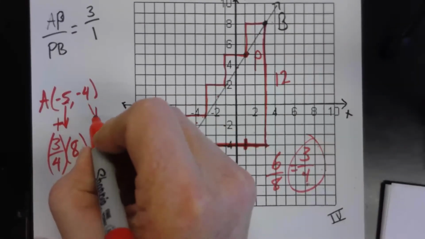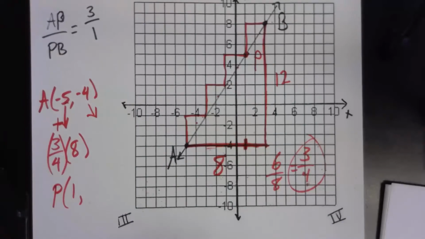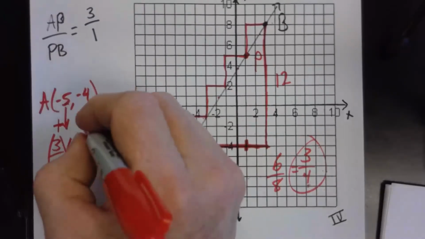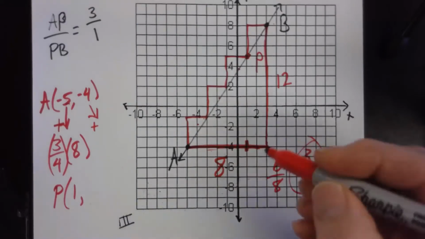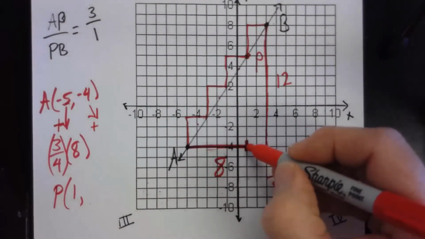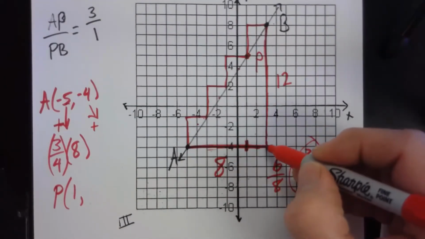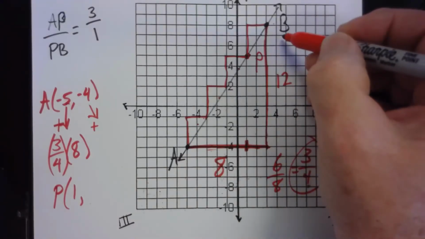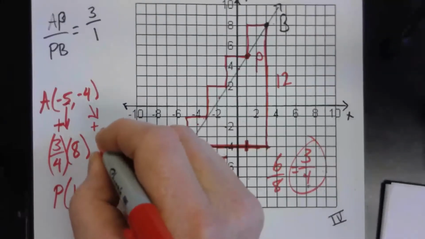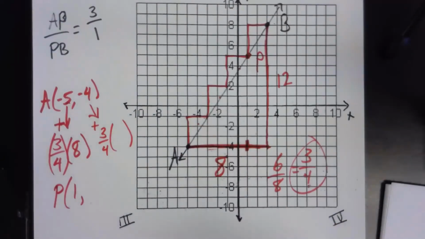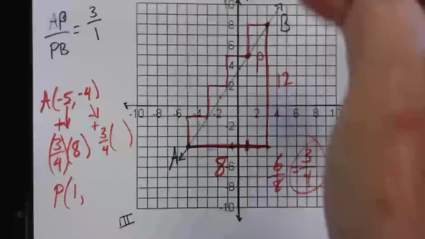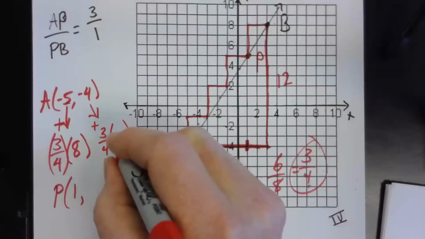Now to the -4, to the y coordinate, we're going to add some to it. Okay? And we're not going to go 3/4 over this time. We're going to go 3/4 what? Up to B. So we're going to go 3/4 of, okay, now what is the vertical change here? 12.